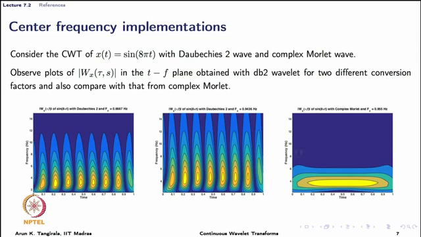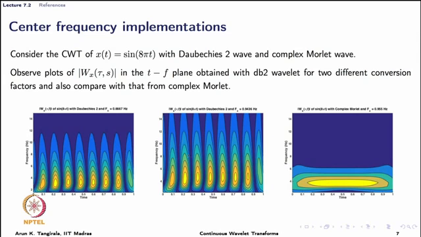Of course, now you can look at the differences between the magnitude of CWT with the Daubechies wave and the Morlet wave. You can also now understand why Morlet waves are very popularly used in CWT and not Daubechies waves. But you should keep in mind that the first two plots that we are seeing are with Daubechies 2.